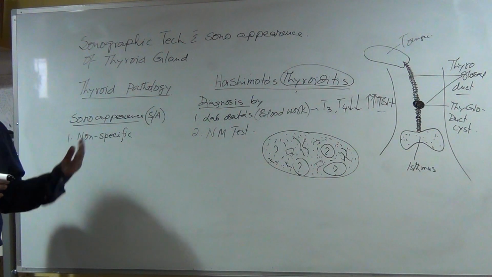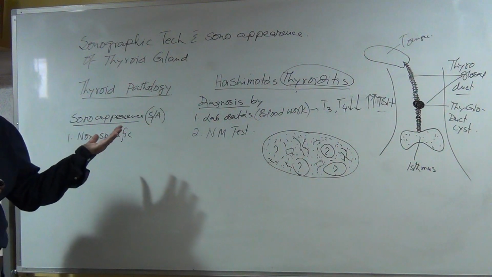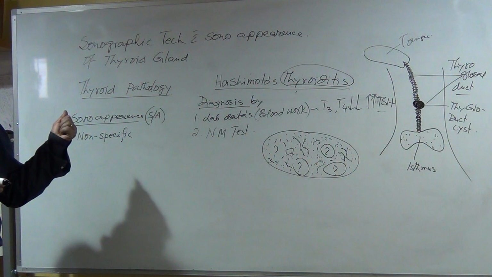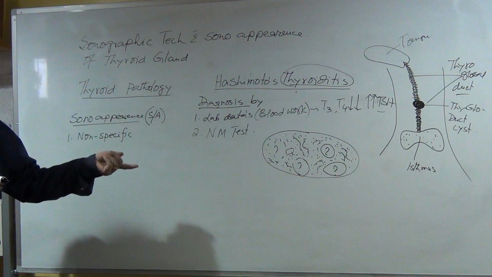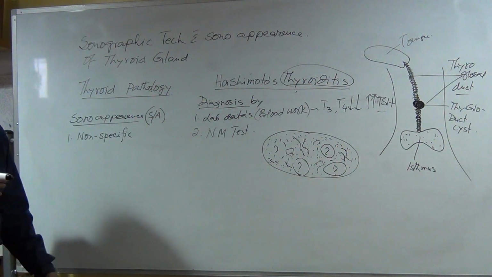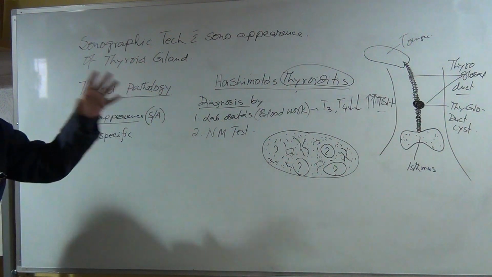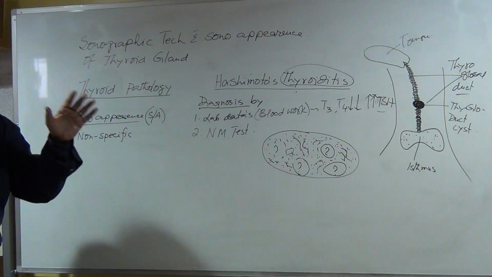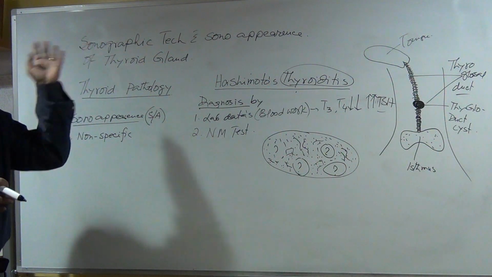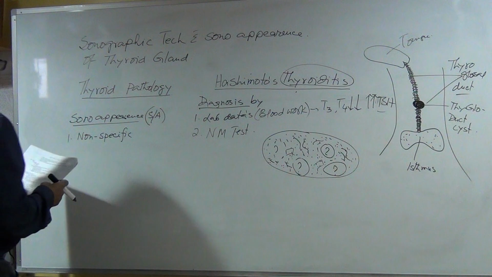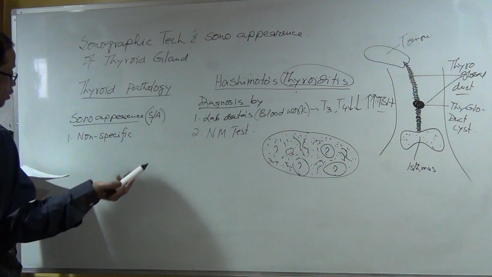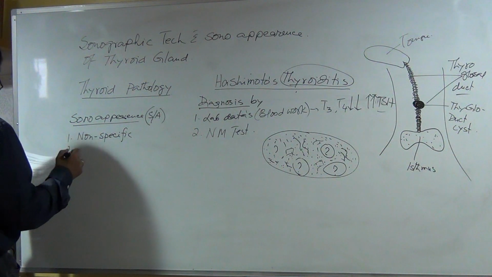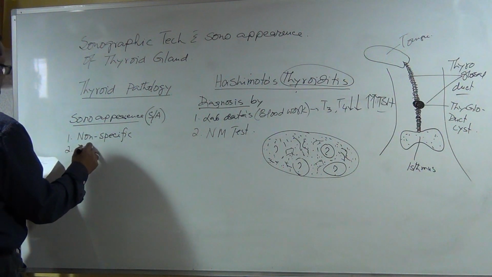Before the advanced stage, you scan the thyroid gland and you may not suspect Hashimoto's thyroiditis. But in the advanced stage, you will see that some patchy areas are normal and some patchy areas are not seen. That is a clue that it may be Hashimoto's. And there will be diffuse enlargement.